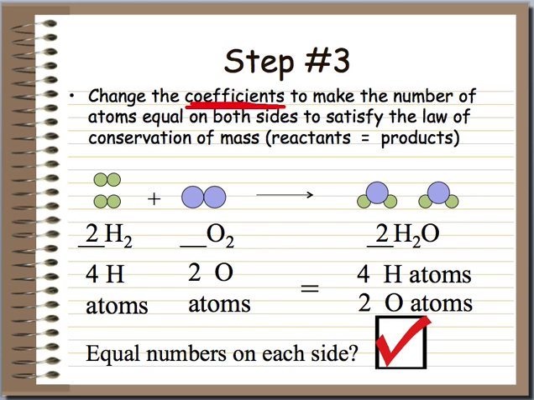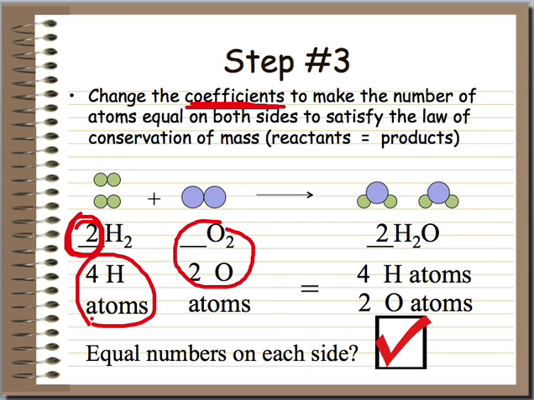So what we did is we started off with our hydrogen and we put a 2 in front of there. And that gives us 4 atoms. And then we look on this side, we still have 2 oxygens and we have 2 hydrogens here. Times 2 gives us 4, as well as 2 oxygens. So that's balanced.